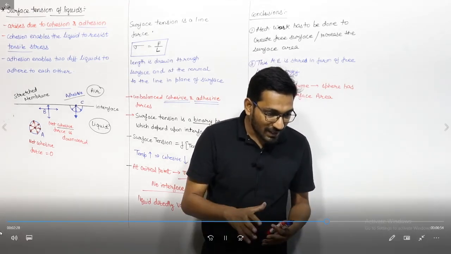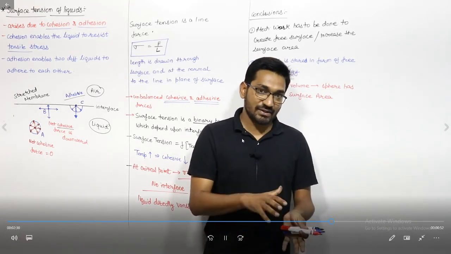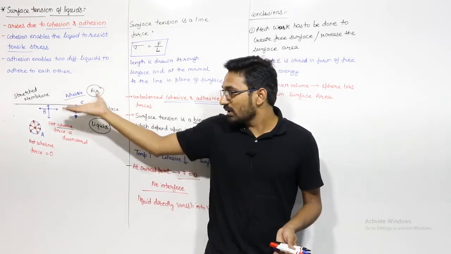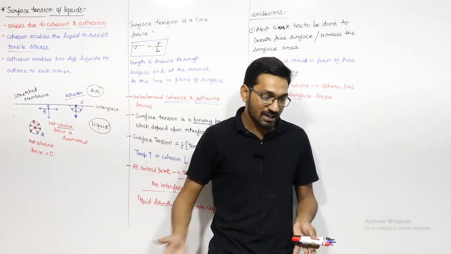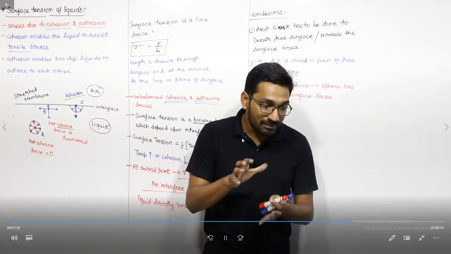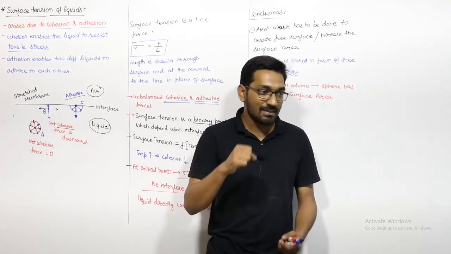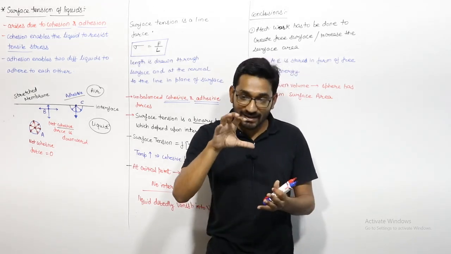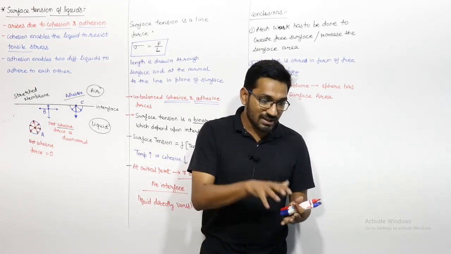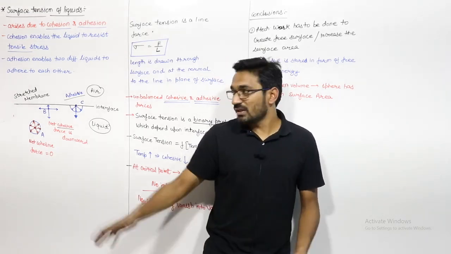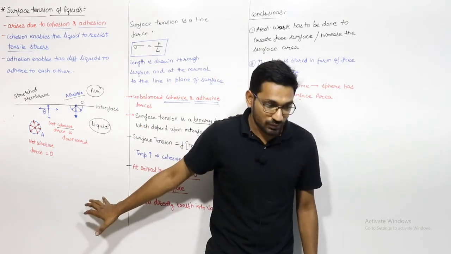So if some free surface energy is stored in the surface or the interface, then the free surface energy implies the existence of a tensile force. It implies that a tensile force exists in the surface, and that surface is under a stretched condition due to this tensile force, right?